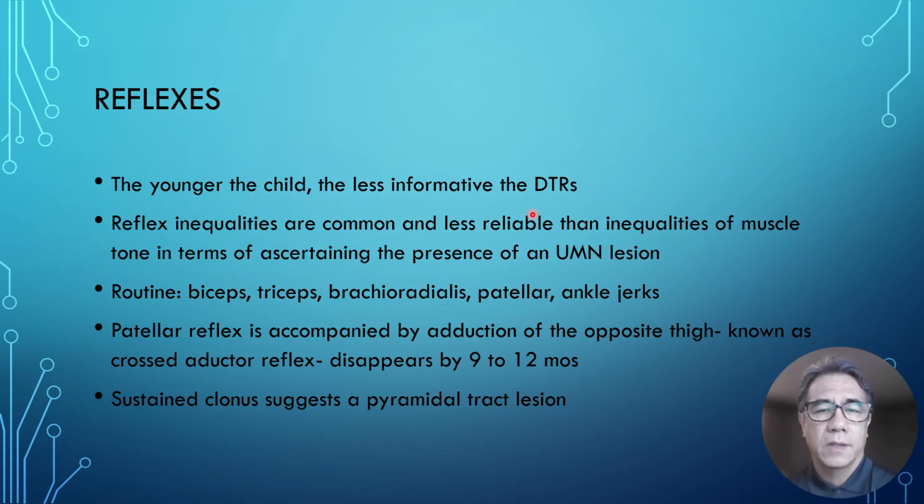Reflexes, as far as deep tendon reflexes are concerned, inequalities are more common and less reliable in children compared to adults. But inequalities of muscle tone in terms of ascertaining whether it's an upper motor or lower motor neuron lesion can be quite difficult sometimes.